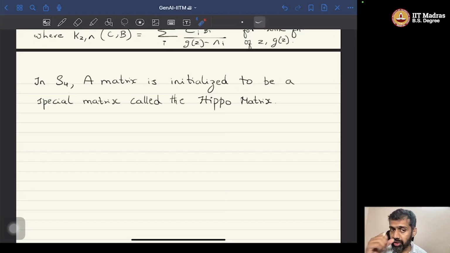Now, so far what we have seen is that all the analysis that we did was with consideration that the input and the output variables are unidimensional.